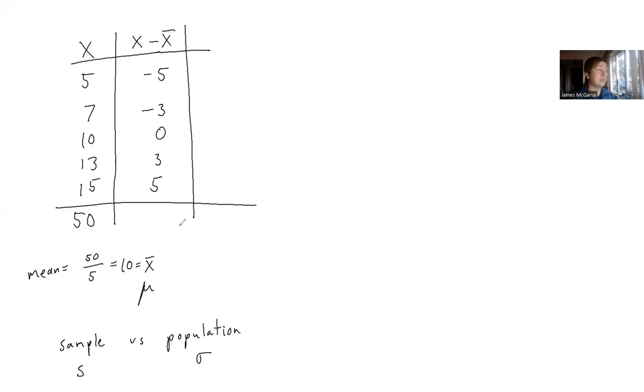And when you're done, this column should add up to 0. It's not required that you add this column up, but it is a way to check your work. If you've done it correctly so far, you will be getting a 0 here. If there's rounding involved, it might be like 0.01 or negative 0.02, but it'll be really close to 0. That's just the rounding. In this case, I didn't have to round anything because my mean was a nice whole number, so I just got exactly 0, which is what I want to see.